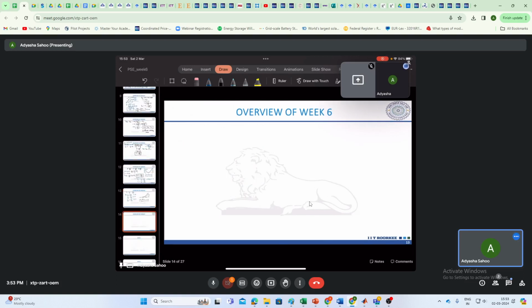Now we'll see. Basically, the formula for sag that we got was D is W L squared by 8T. So in case of unequal or unsymmetrical spans, you can calculate the equivalent span length for such an arrangement.